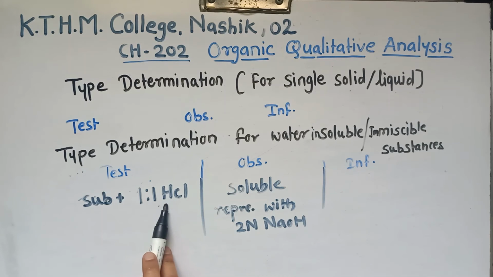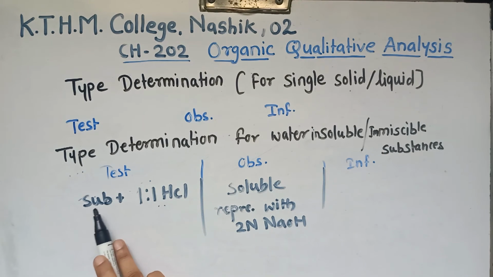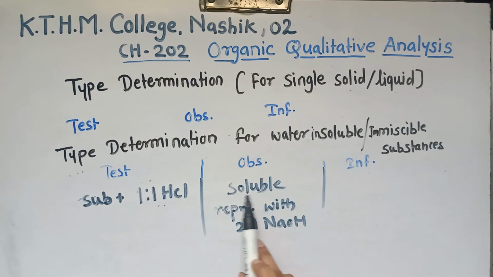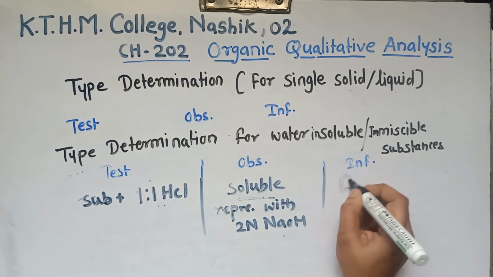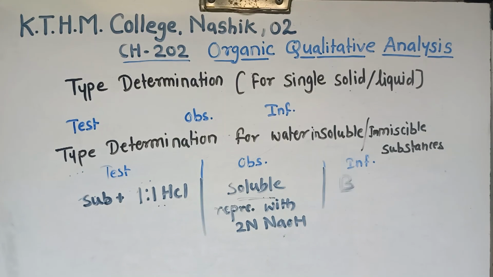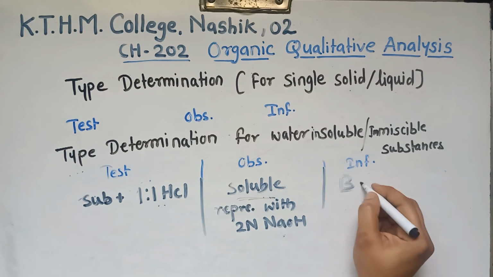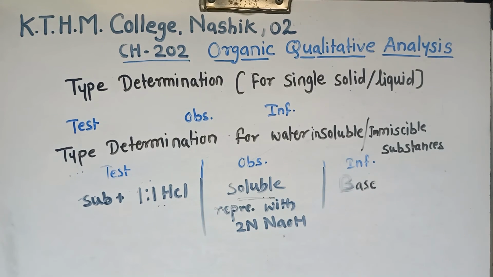So when we add this 1:1 HCl into our compound, we get a clear solution, means it is soluble in that HCl. In that clear solution, when we add NaOH, we get a precipitate, and that precipitate is nothing but the base. Base present and confirmed.